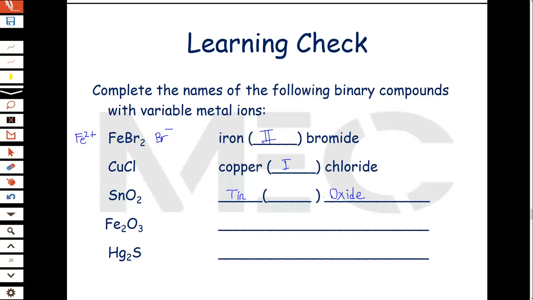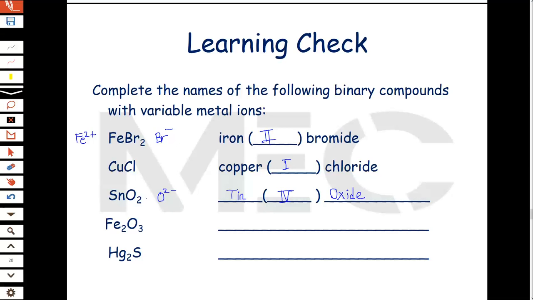What is the Roman numeral I need to use? The Roman numeral is 4, because I know that oxygen has a -2 charge in 99 percent of compounds.